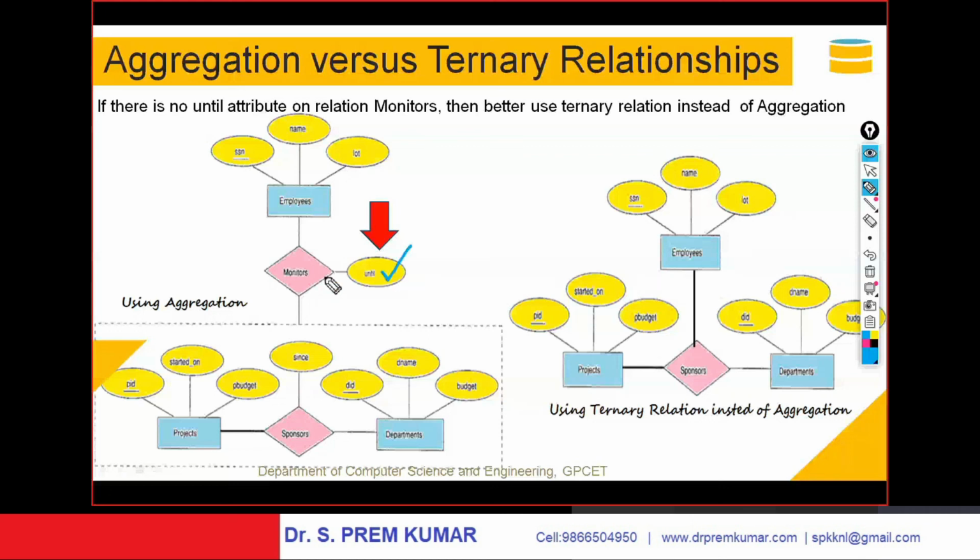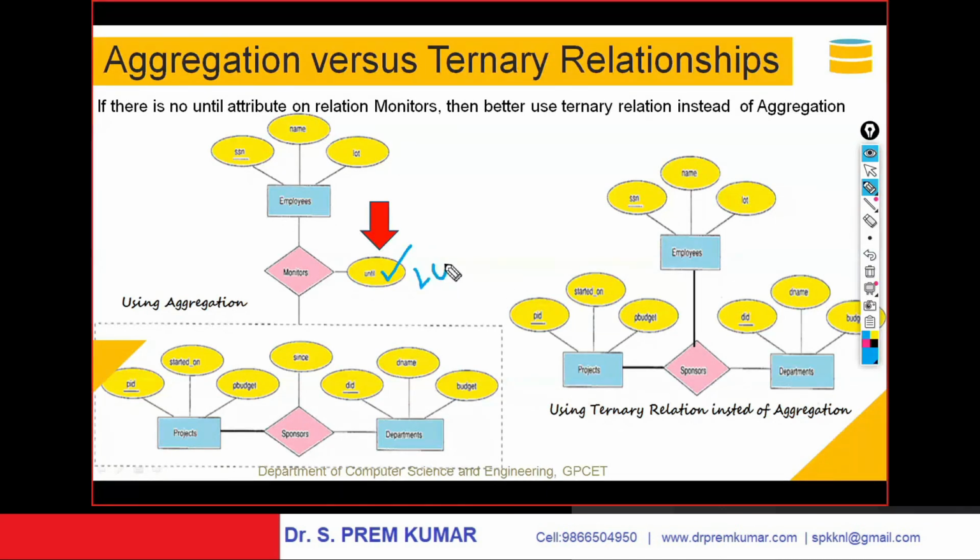Until that date, the employee should work for the department and projects, compulsory. Let me say till 2021. The employee should work in so and so department with so and so project. That is assigned, department as well as project, until, let me say, 2021.